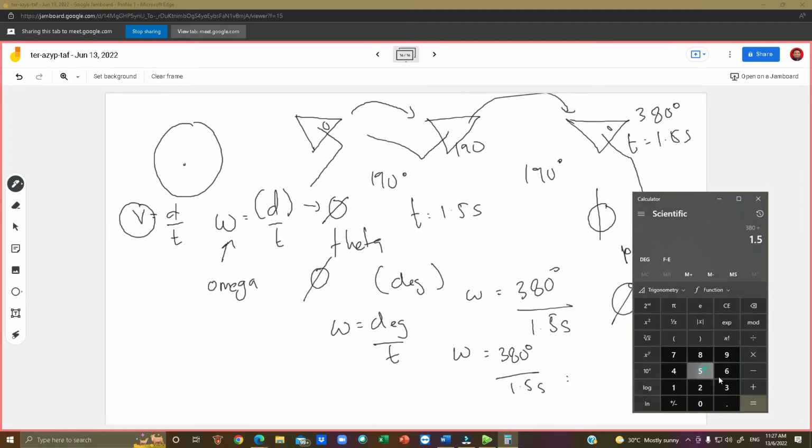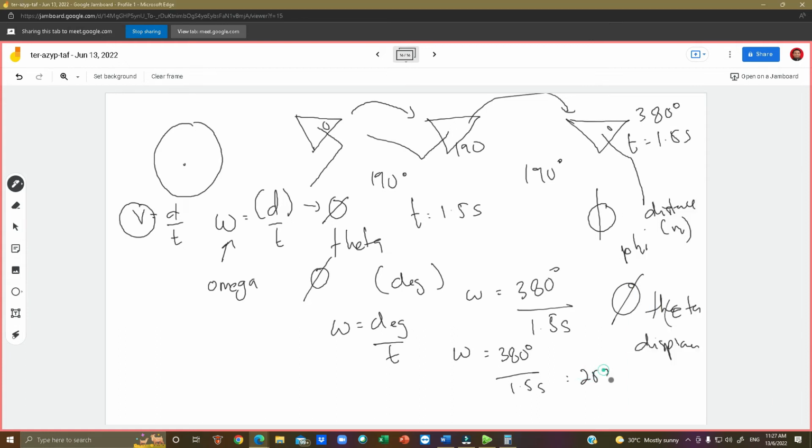Bahagi 1.5. 253.3. Ya, 253.3 apa? Kalau linear tadi meter per second. Angular, since kita pakai degree, dia akan jadi degree per second. 253.3333 means that this leg move at a speed of 253.3 degree per second.